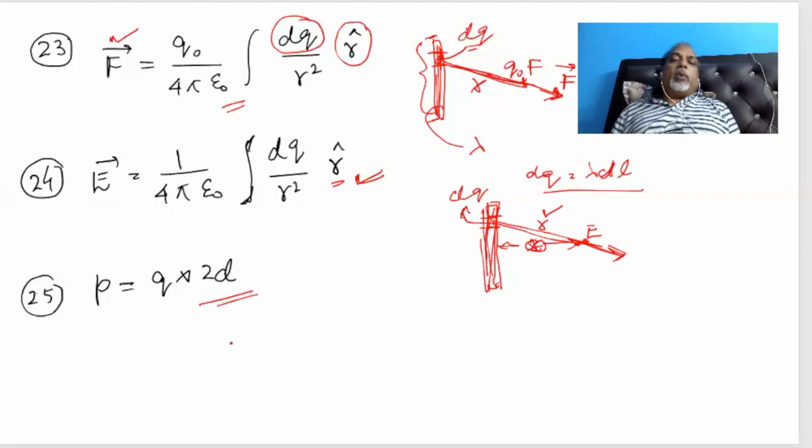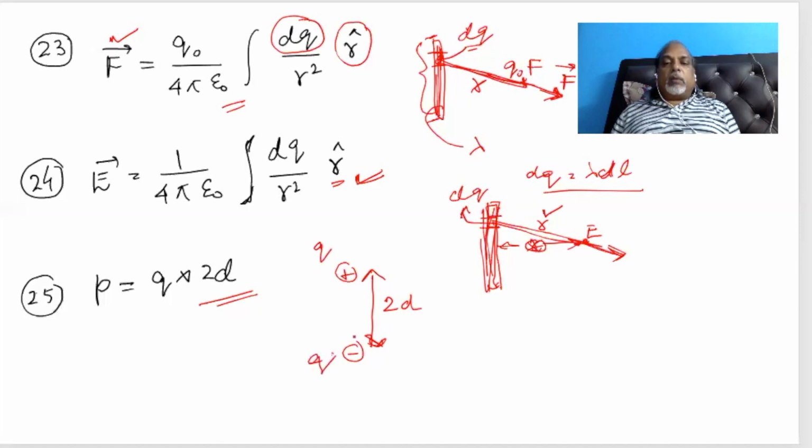It is nothing but dipole moment, as I already told you. This is plus, this is minus. If it is 2D, then this is q, this is minus q, and this distance is 2D, then this p, the direction of the p will be like this, and this p will be nothing but q into 2D.